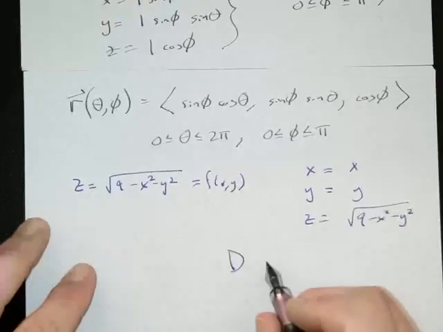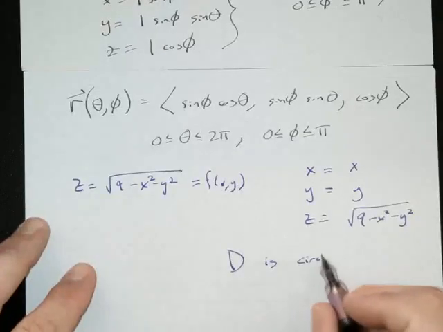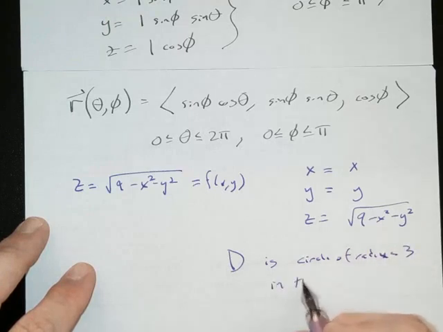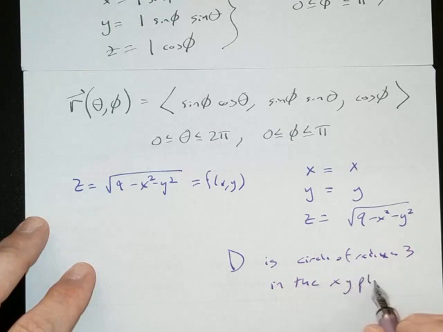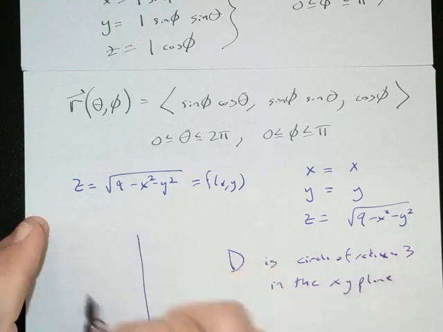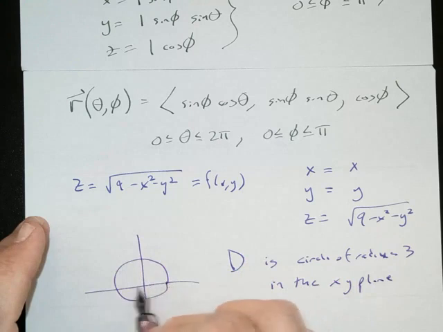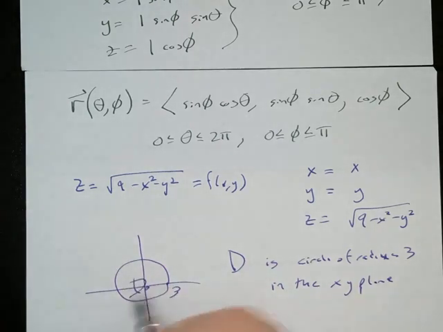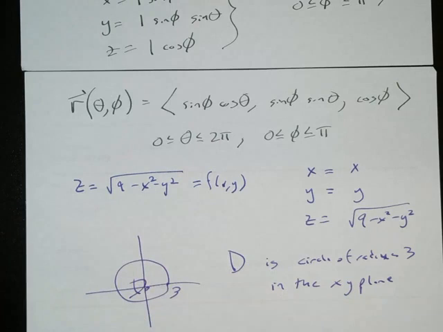But my domain, where x and y live, is the circle of radius 3 in the xy plane. So that surface lives over the circle.